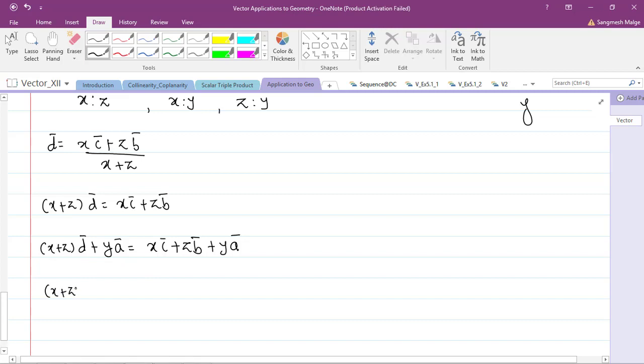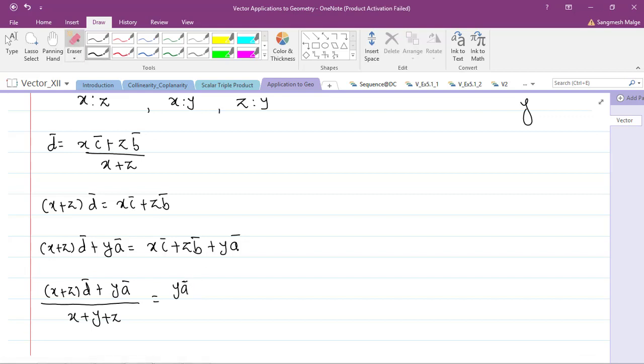So x plus z into D bar plus y A bar, whole divided by x plus y plus z, is equal to D bar, or else we can write in the standard form x C bar plus z B bar plus y A bar upon x plus y plus z.